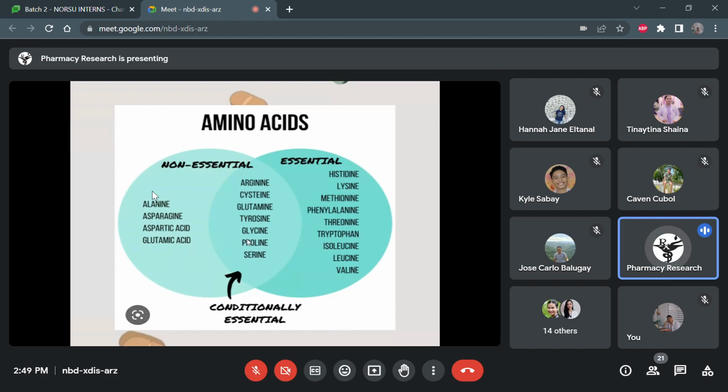Ang non-essential amino acid na ako'y mnemonics pod kani basin og pwede pod inyo na i-note guys, isulat ninyo guys. Taas-taas ni, wait sa guys. Almost all girls.